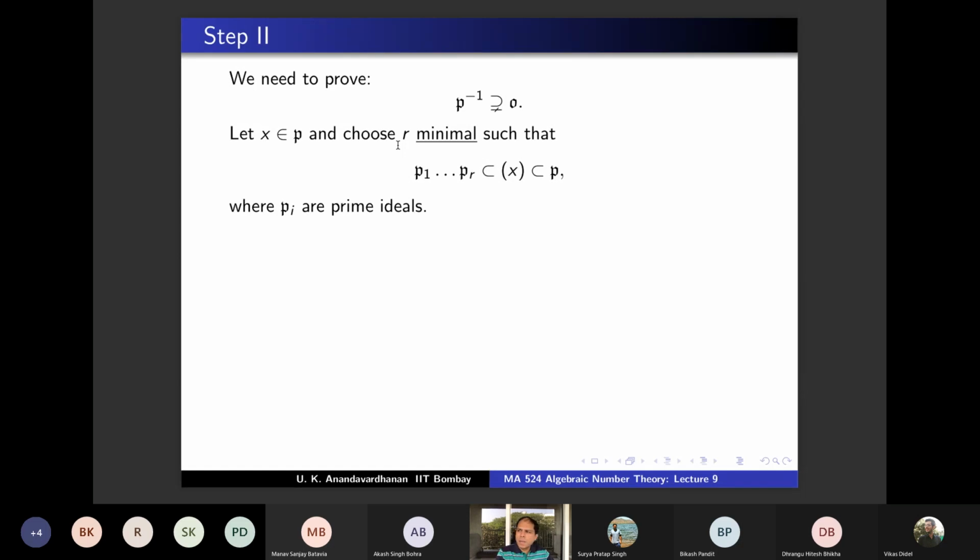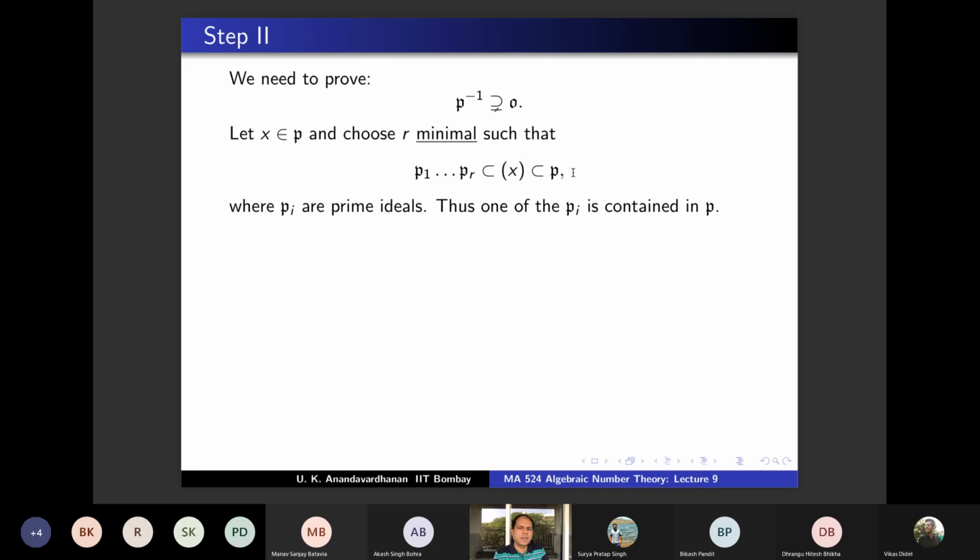But if a product of ideals is contained in a prime ideal, what can you say? If I times J is contained in a prime ideal, then one of them is contained in the prime ideal. So using the primality of P, not the primality of these Pi, you can say that one of the Pi is contained in P. Agree?